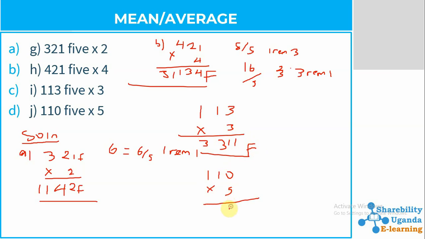We have a 0 here, then we also have a 5 here, then a 5 here. All should be in base 5. So here we shall have solved our numbers, and we shall have done with multiplication of these numbers.